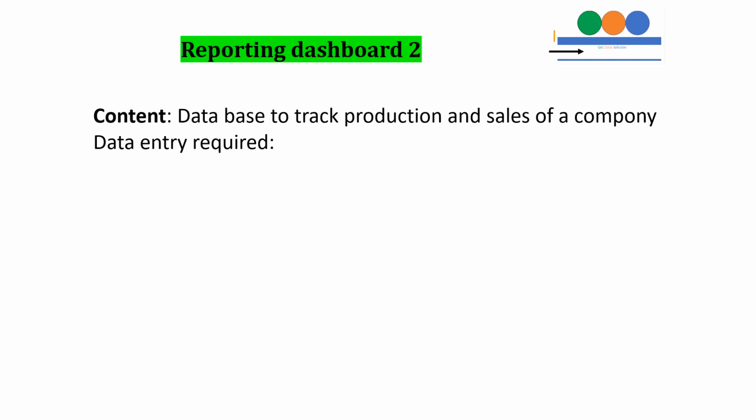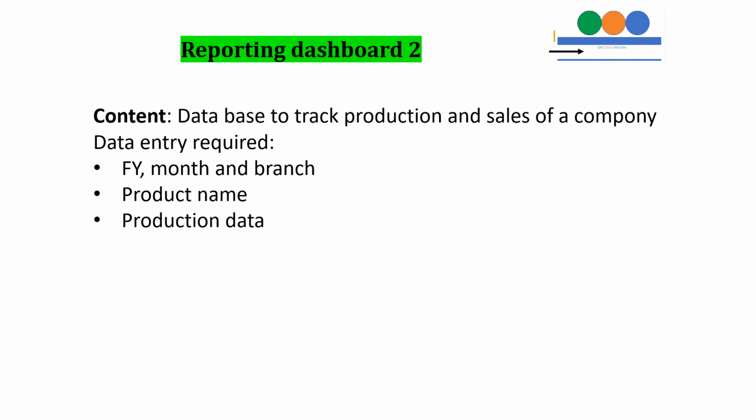Coming to the content, this is database to track production and sales of a company. For the data entry required in this particular case, we have to insert the data into the system. The first one is the fiscal year, the month and the branch, the product name, production data, sales data, sales price to be set depending on the product we have, and price in the market.